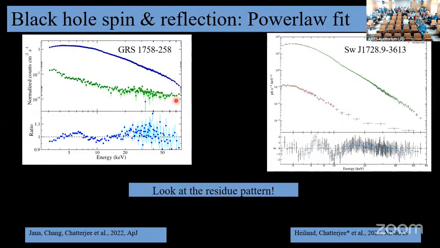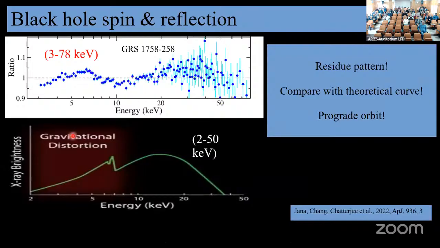That residue is plotted here in the lower panel, that ratio. Now, if you compare that residue with the hump in the image below, this is again the hump and the distortion corresponding to the prograde and retrograde orbit.